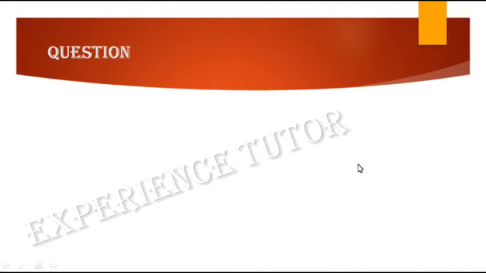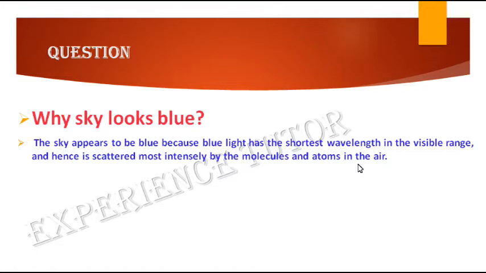So let us start today's video with a question. The question is, why is the sky blue, or why does the sky look blue? The answer is due to the shortest wavelength, because blue light has the shortest wavelength in the visible range.